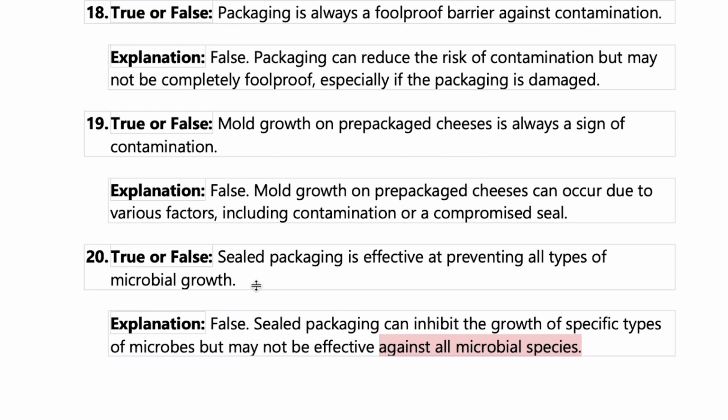So it's not preventing all types. These are the signs telling that the question is wrong, and this is the explanation.